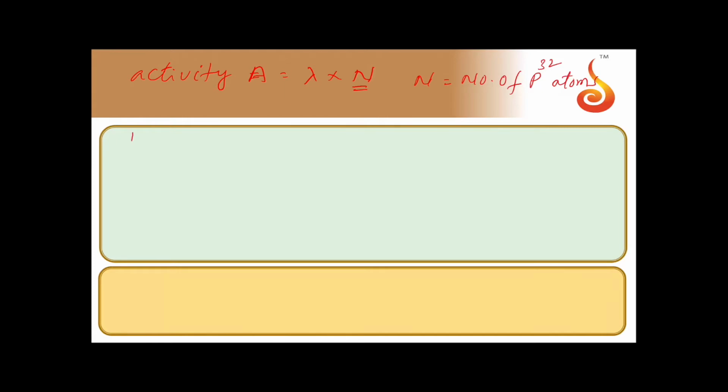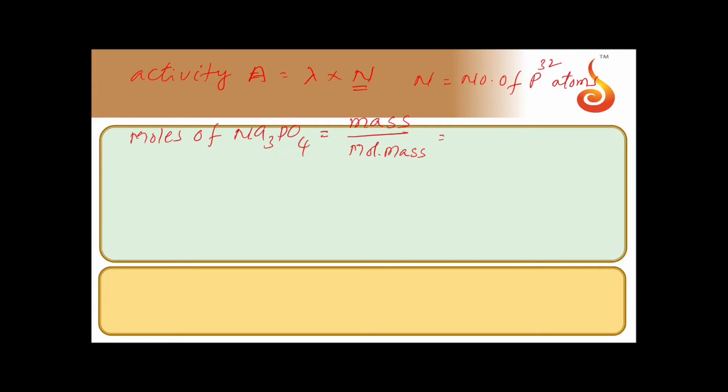So the moles of sodium phosphate, Na3PO4, will be equal to mass by molar mass.